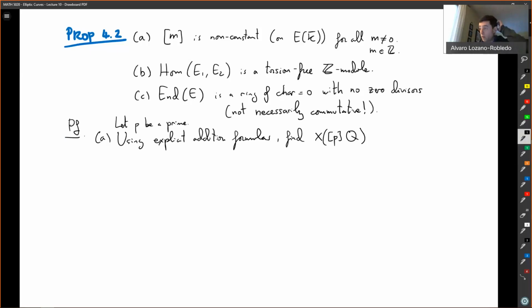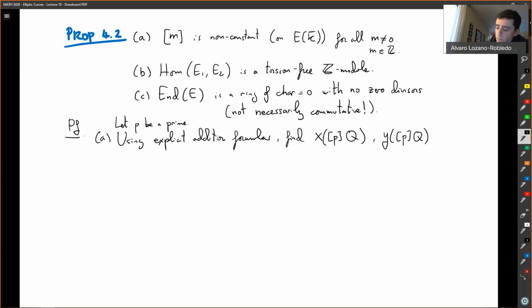In the last lecture, I gave the formula for multiplication by 2. So you could do multiplication by 3, you just have to keep adding, and then you would find multiplication by any number. But for example, for primes, you can find formulas for the x coordinate, and you can find a formula for the y coordinate. And those are given by rational functions in terms of the coefficients of the elliptic curve.